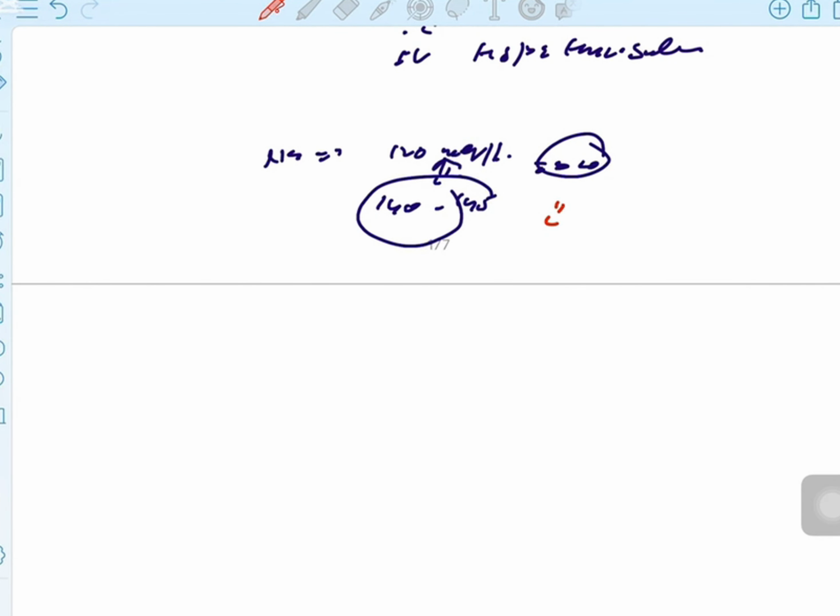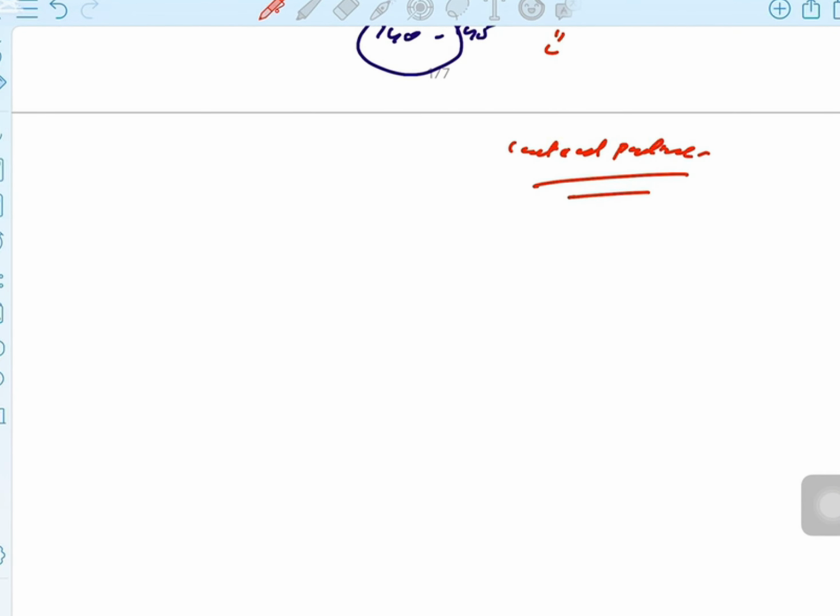Because it can lead to osmotic demyelination syndrome or central pontine syndrome. What does central pontine syndrome mean? It means that if a person has a low level of sodium, and we treat this person with a high amount of sodium, then it can lead to central pontine syndrome or central osmotic demyelination syndrome.